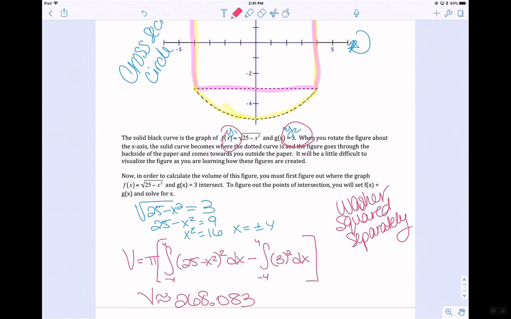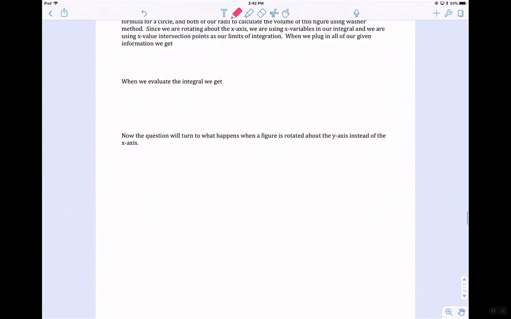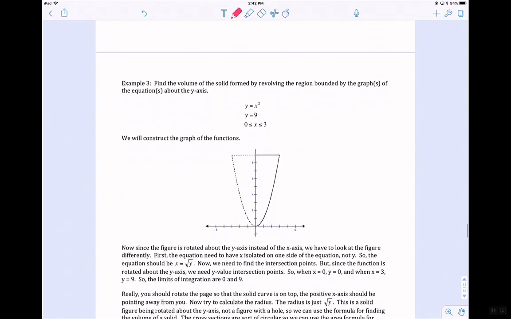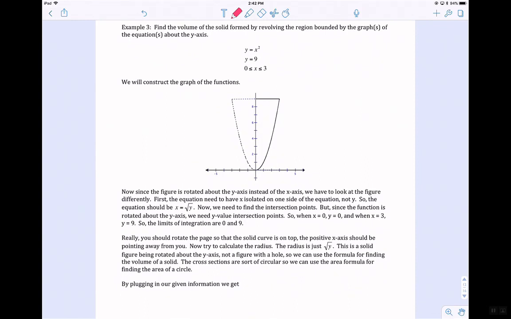Now what happens when I rotate around a vertical line? Remember that the y-axis is a vertical line. So we're going to take this solid, and I'm bounding it between x equals 0 and 3. I'm rotating it about the y-axis.